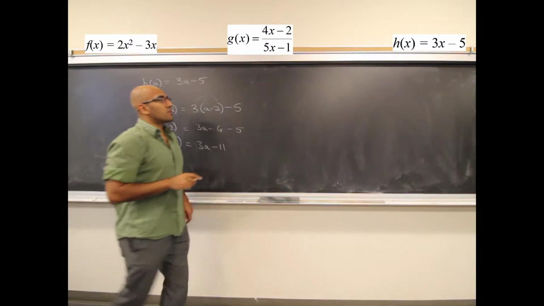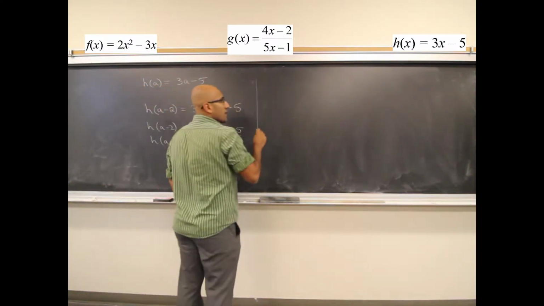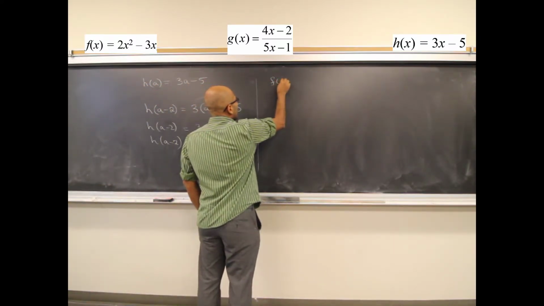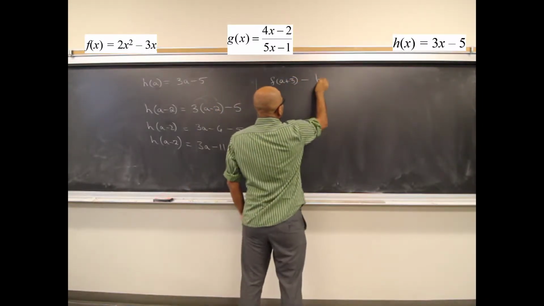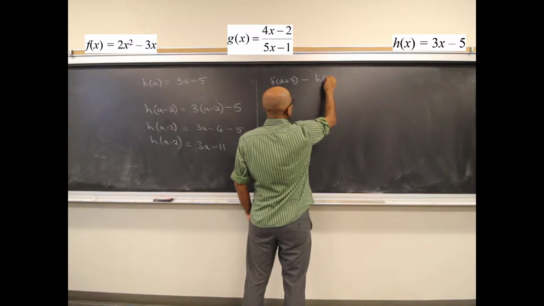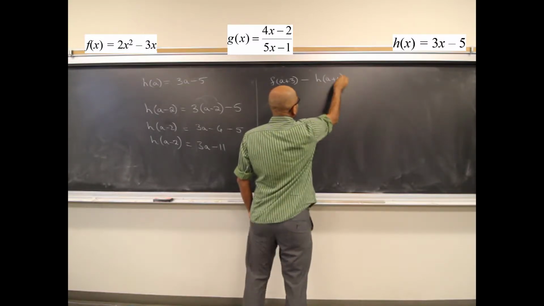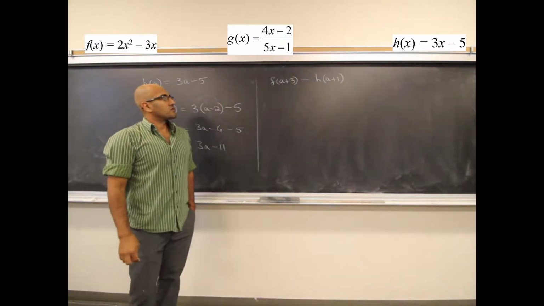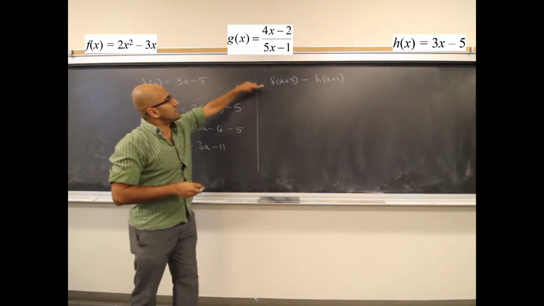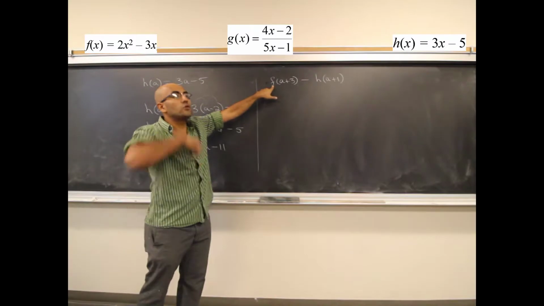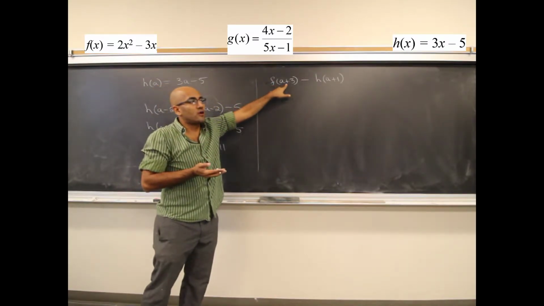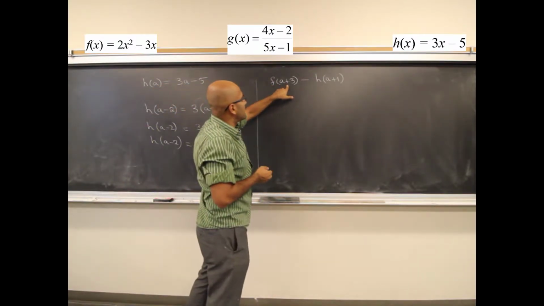We can also do something like, how about f of a plus 3 minus h of a plus 1. Right, so now we can combine a little mathematical expression involving two different functions evaluated at different values of x.